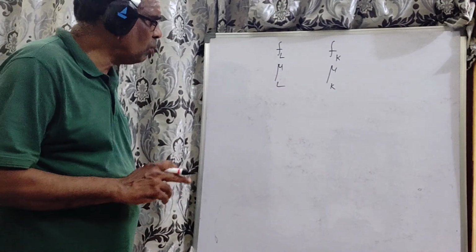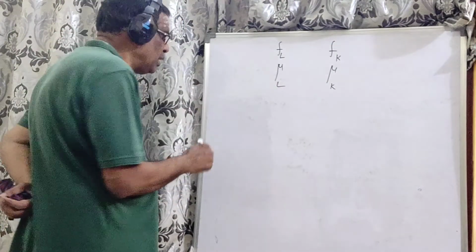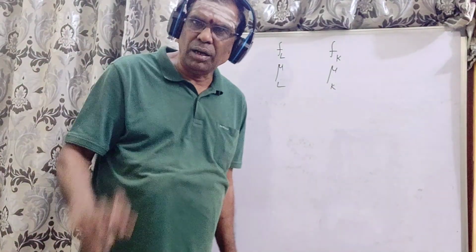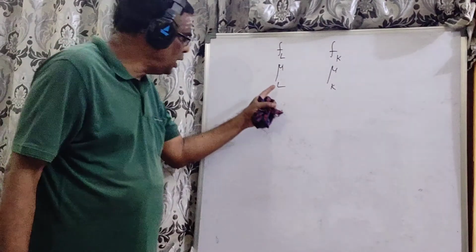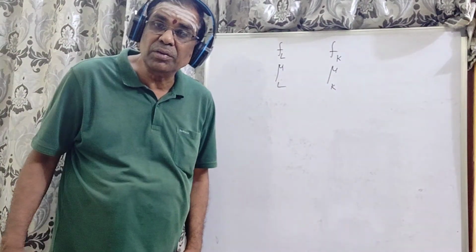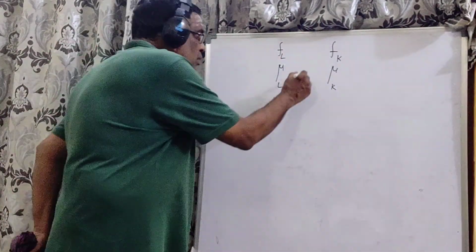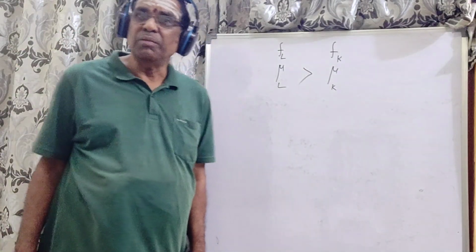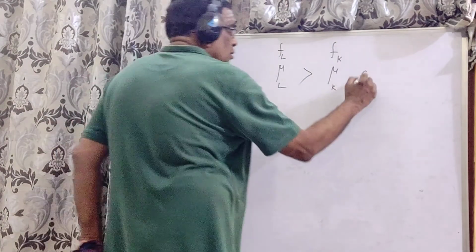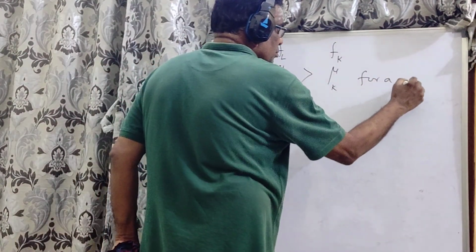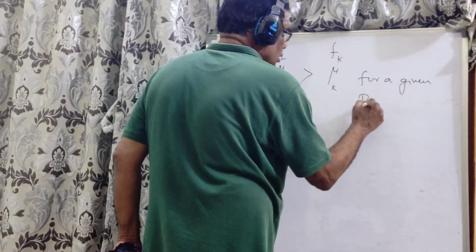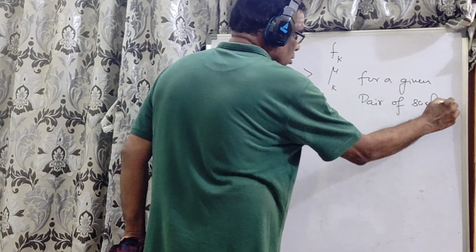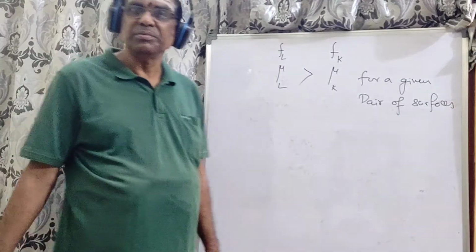Now, for a given pair of surfaces, say copper over copper, if I am asked whether mu L is more or mu K is more, then immediately I will say mu L is more than mu K. But this is for a given pair of surfaces.